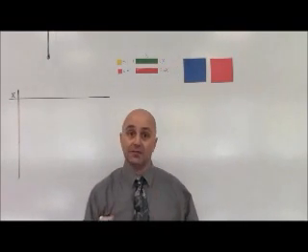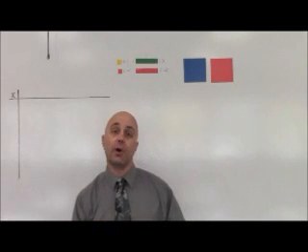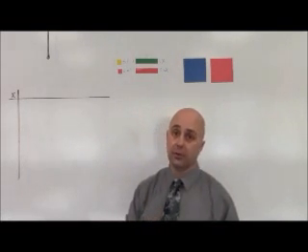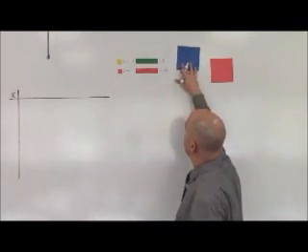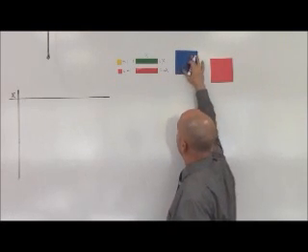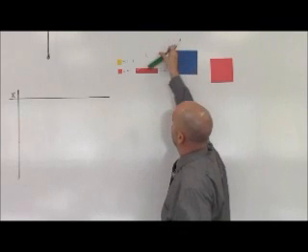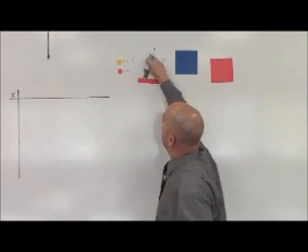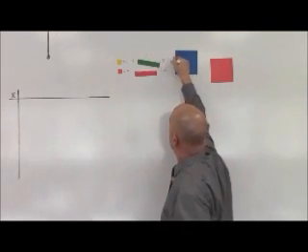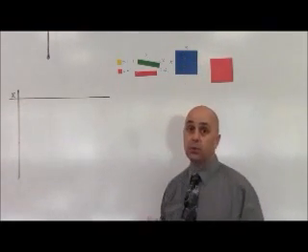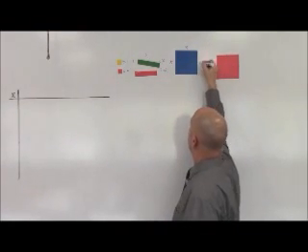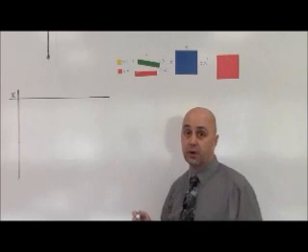So if I want one negative x, I put a red rectangle. If I want a positive x, I put a green rectangle. And likewise, this big blue square, if it has the same length as an x, then each side would be x, so its area would be x squared.